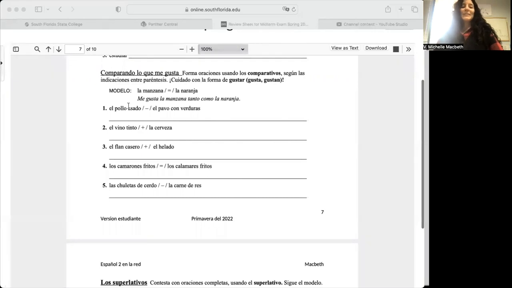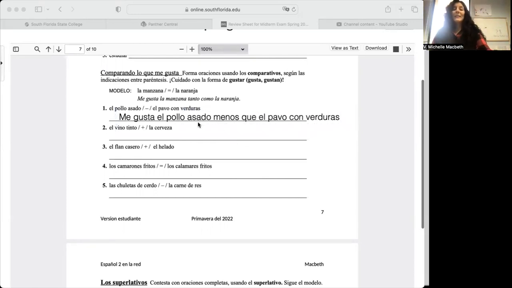Okay, so we're supposed to say that we like pollo asado less than we like pavo. So me gusta el pollo asado menos que el pavo con verduras. So here, again, the thing that we are actually comparing, even though we're comparing two things, is the action of liking them.